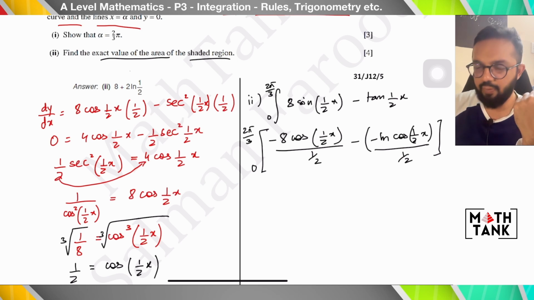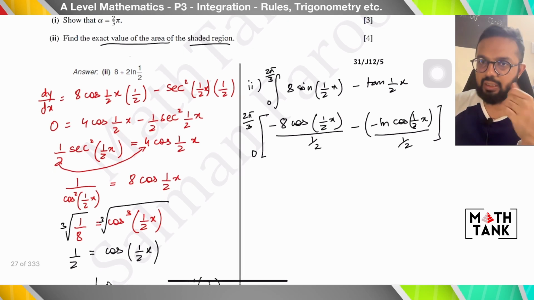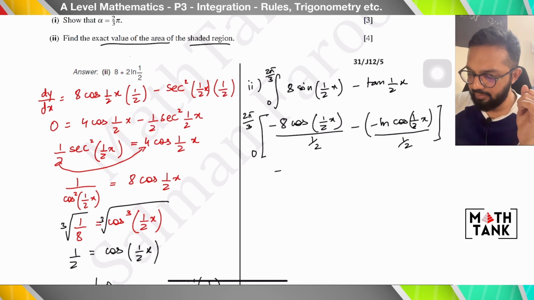So the integration of tan x is minus ln cos x. So in this case I have half x, so I divide by half at the end. This becomes minus 16 cos half x plus 2 ln cos half x.